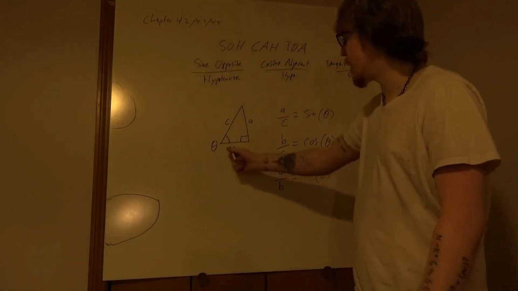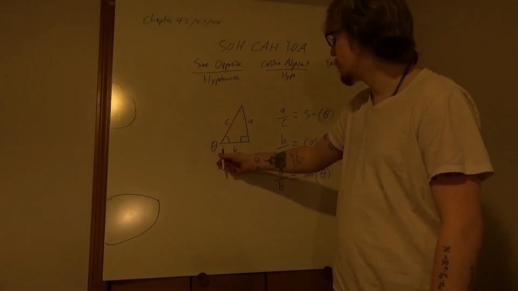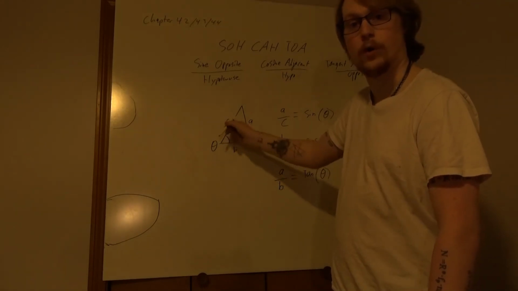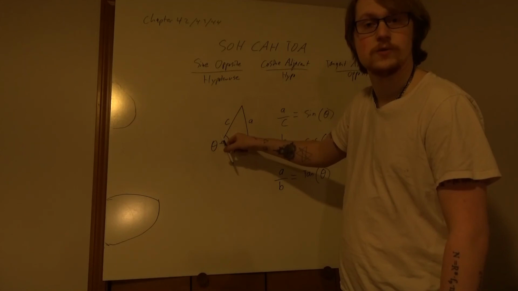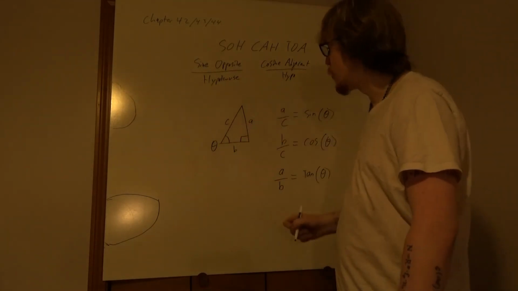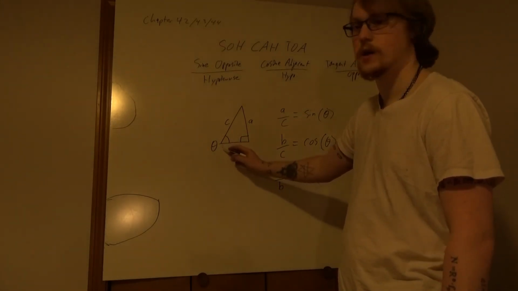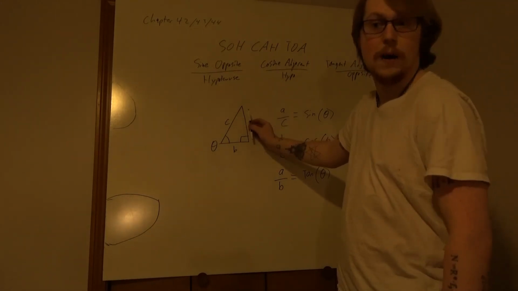Well, it means that if you have a given angle of your triangle, then there's going to be one leg which is adjacent to that angle, meaning it forms part of that angle, and there will be another leg which has absolutely nothing to do with that angle. It's actually opposite the triangle from it. So we call the leg that is connected to the angle adjacent, and the leg which is opposite the angle opposite.